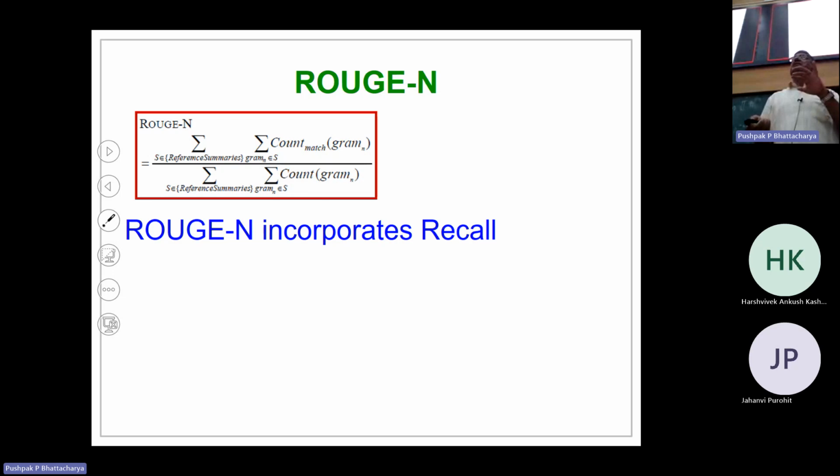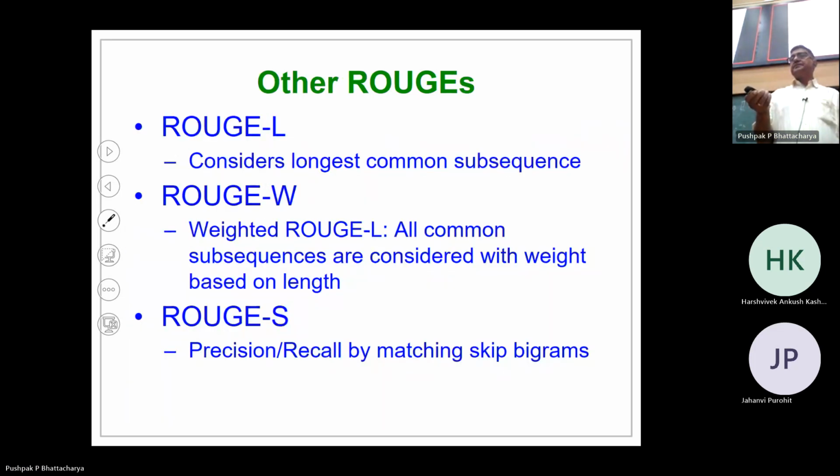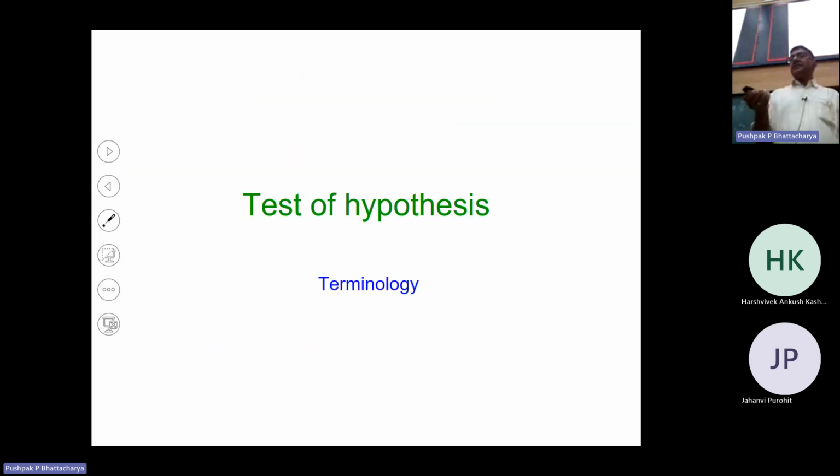Also, why is it appropriate for summarization, whereas BLEU is appropriate for machine translation? These are nice, subtle questions, and you should, on your own, read up and think about them. This is called the ROUGE score. There are ROUGE-L, ROUGE-W, ROUGE-S. All these I have given there.